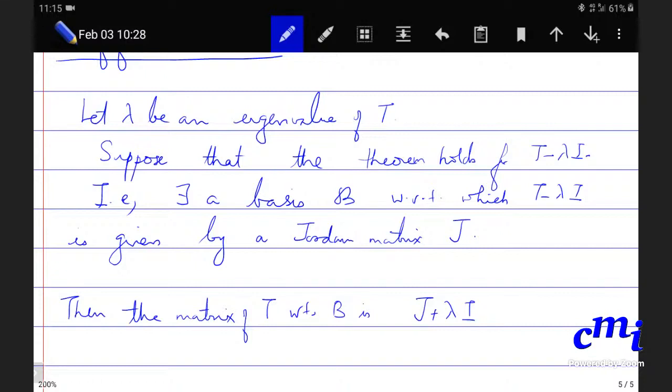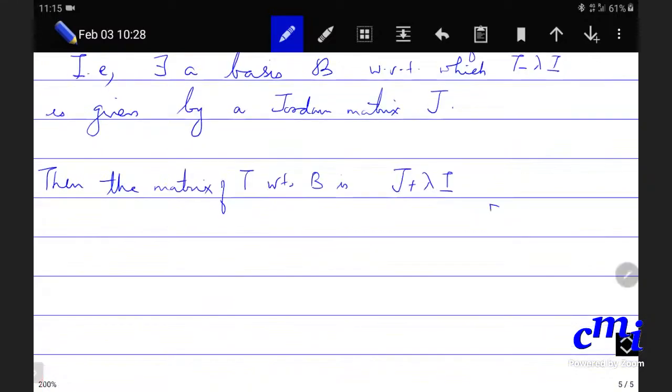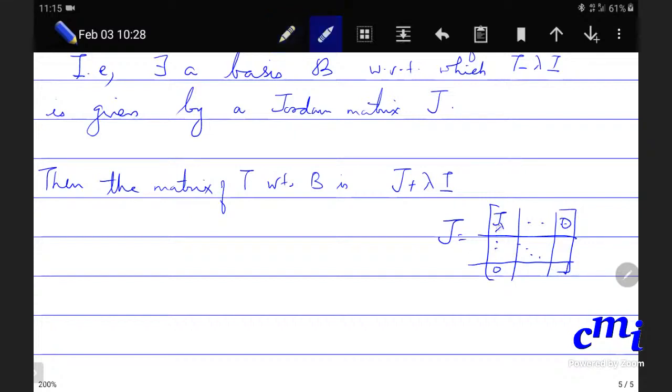But if you take a Jordan matrix and apply the same diagonal matrix with lambda. So J itself is like this, zeros here, and then some J lambda 1 up to some J lambda T. Something like this.